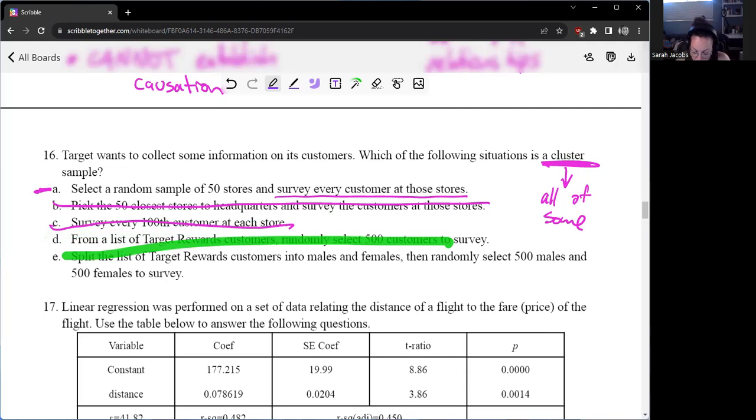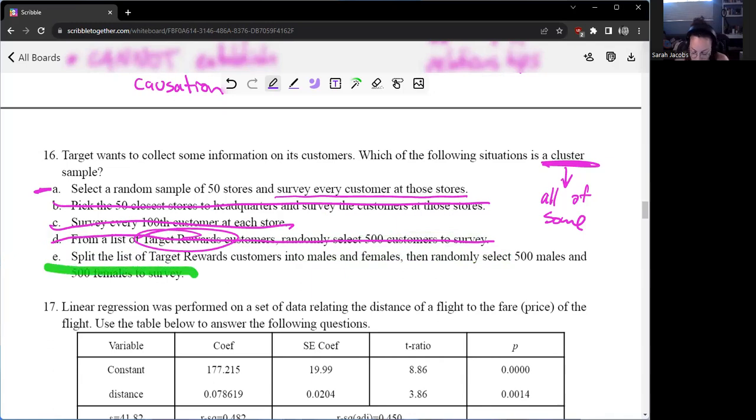D: from a list of Target Rewards customers, randomly select 500 customers to survey. That would be closer to a simple random sample, but this would really expose you to some undercoverage bias because people who sign up for Target Rewards might not be representative of all Target customers.